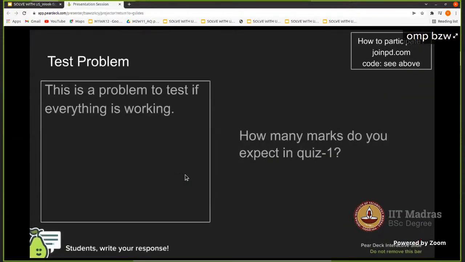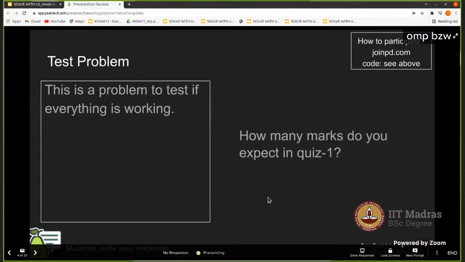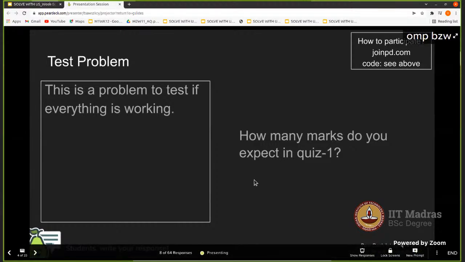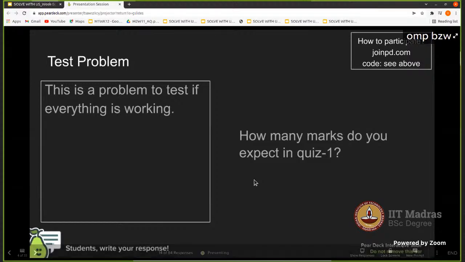Let me check whether this is working or not. How many marks do you expect in quiz 1 or the qualifier? If you are giving the qualifier, how many marks are you expecting? Everyone please respond because we have this data with us. We will later take it to an Excel sheet and look at it. This will be one good data.